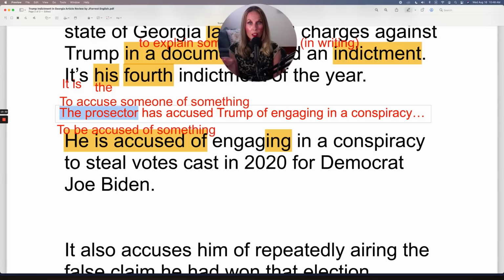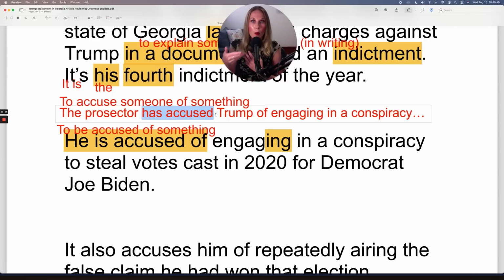The prosecutor has accused. This is in the present perfect. The prosecutor has accused Trump of engaging in a conspiracy. The rest of the sentence would be exactly the same. I use the present perfect simply because it's a past action, but it has a consequence in the present.